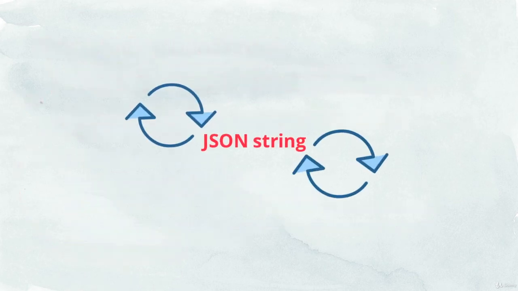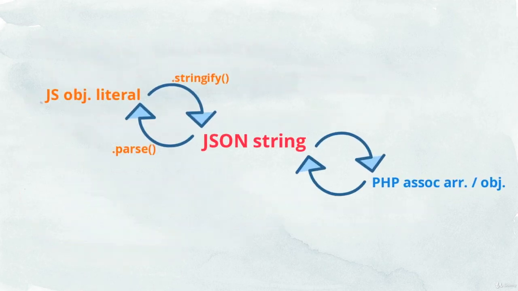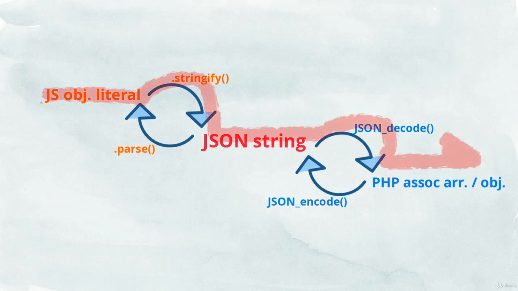In summary, data communication between the front-end and back-end program is a process of making conversions between JSON string and objects or arrays. At the client side, we stringify an object literal into a JSON string and send that string to the server side via AJAX. At the server side, we decode that JSON string into associative array or object.